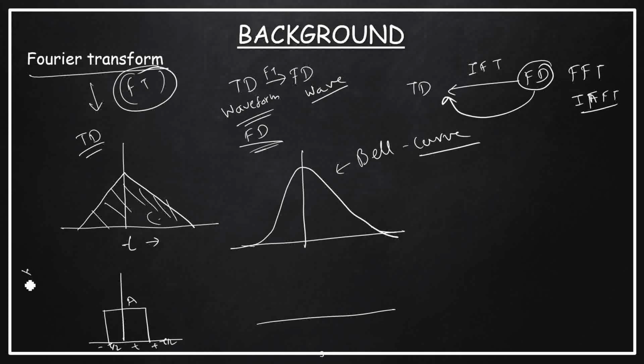If I define this small x(t) equals A when minus tau by 2 is less than or equal to t, less than or equal to plus tau by 2, that's the limit. It's easy, and it's 0 in the rest of the cases.